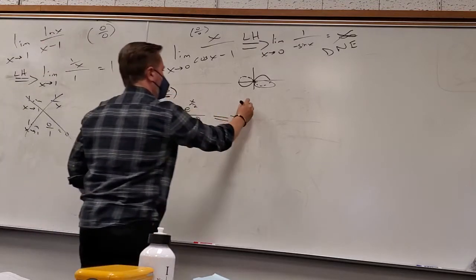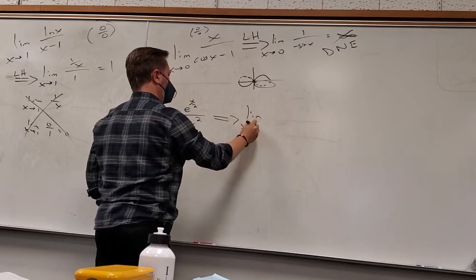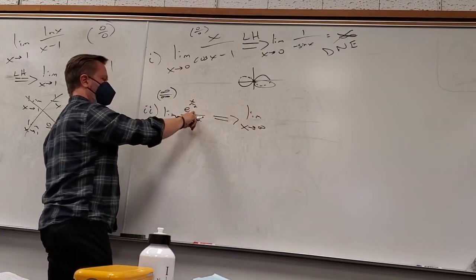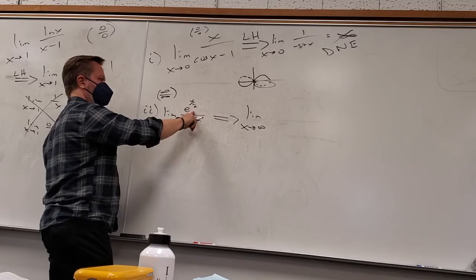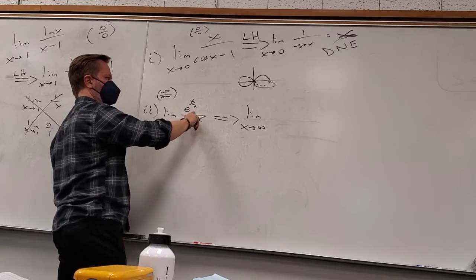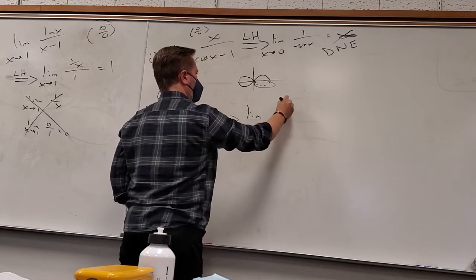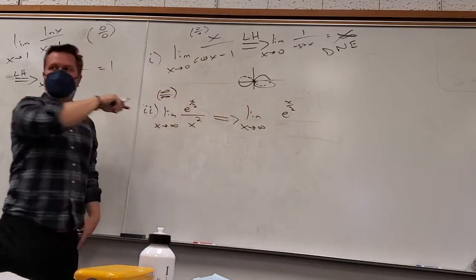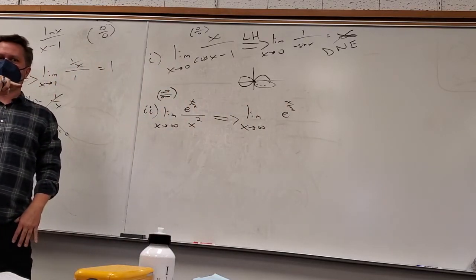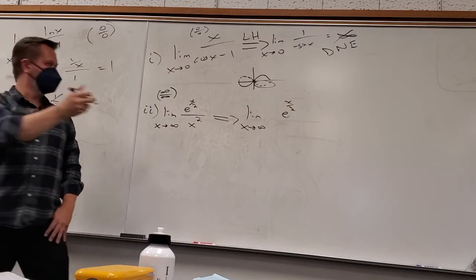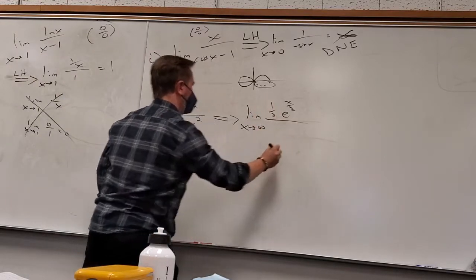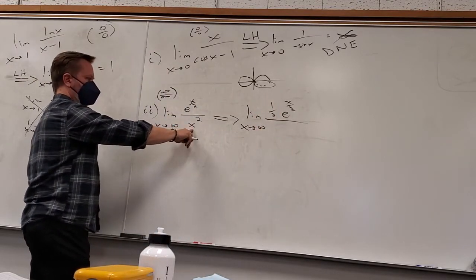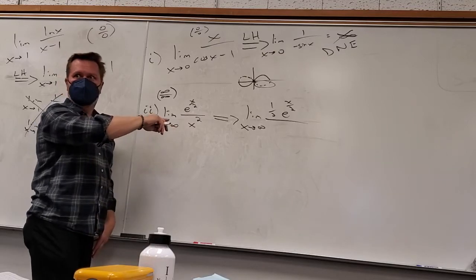So if I apply it, what's the derivative of this? It's e to the x over 2 times the derivative of the inside, which is 1/2, right? Over, I don't know guys, what's the derivative of x squared? Oh boy.